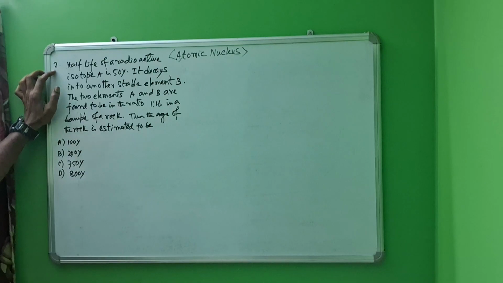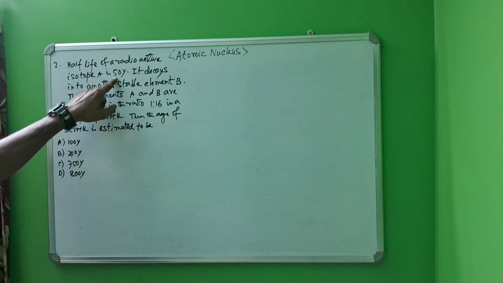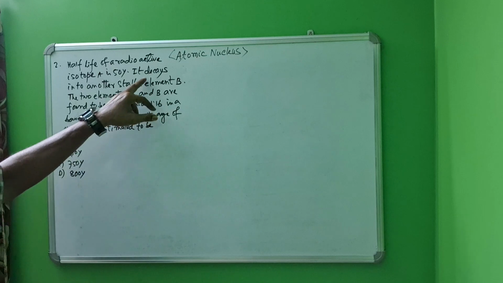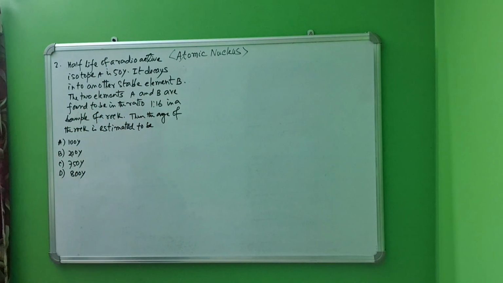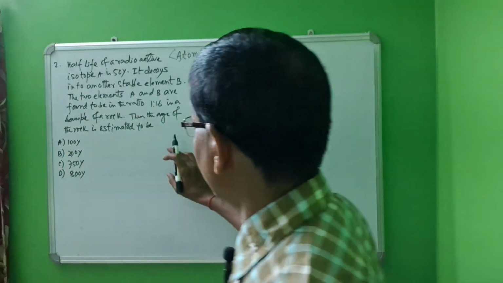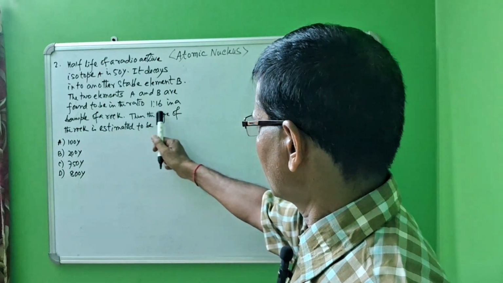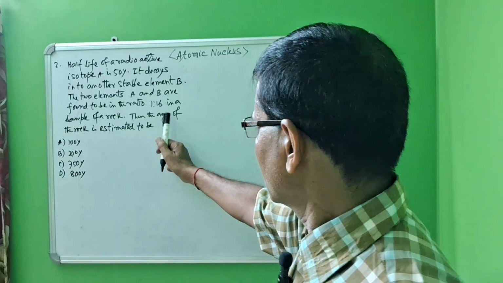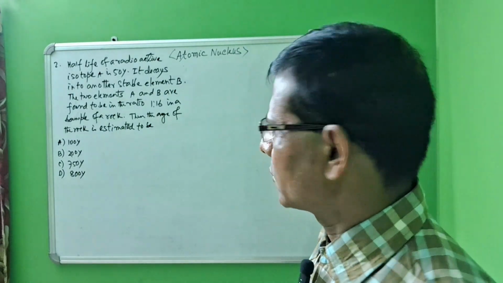Number 2 problem: the half-life of a radioactive isotope A is 50 Y, means 50 years. It decays into another stable element B. The two elements A and B are found to be in the ratio 1:16 in a sample of a rock.